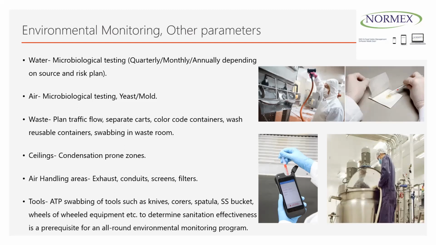So air is another important thing that we need to test in our environmental monitoring program. The other testing should be done for yeast and mold. So for example, if you're in a facility where there's a high cold, like very cold areas, then there's freezer area, and they're connected doors, there's change of temperatures, a lot of condensation can happen in between doors, on the side of the walls when you go from one area to another.